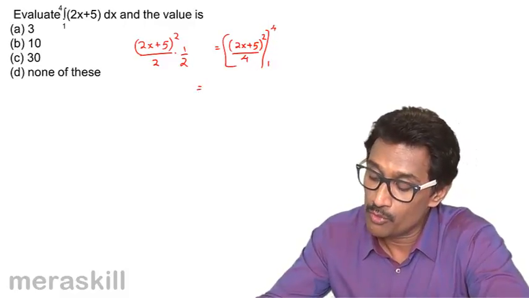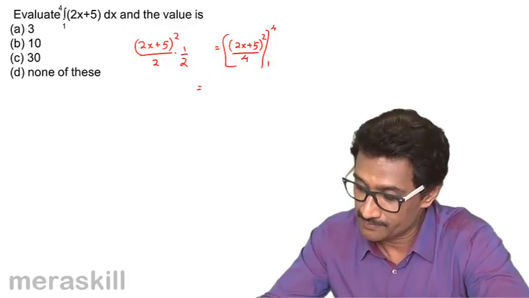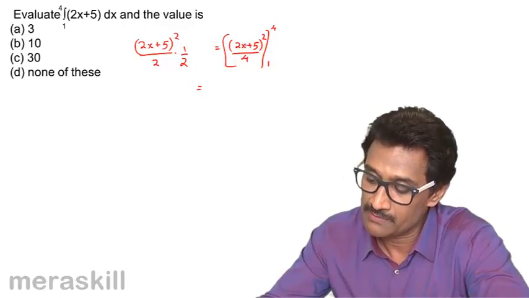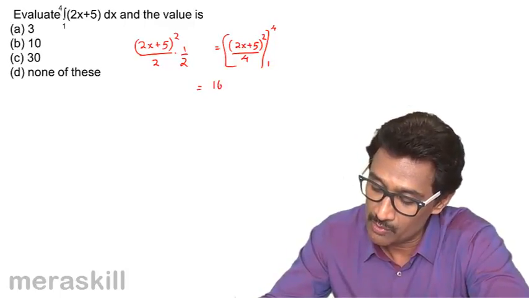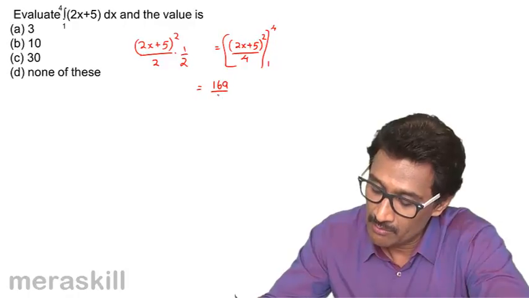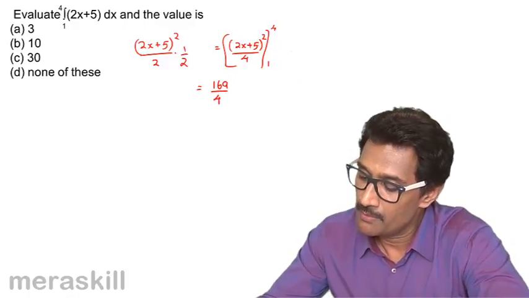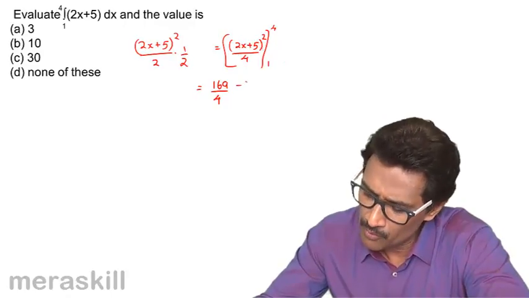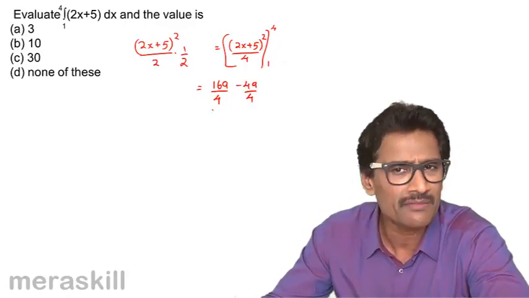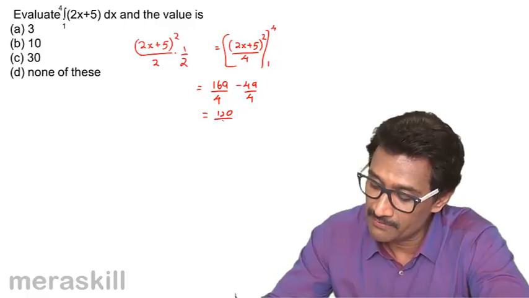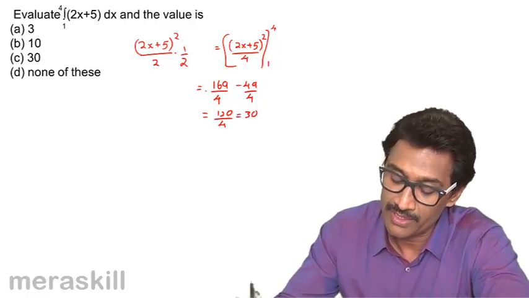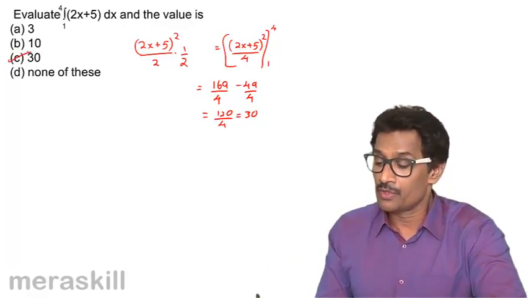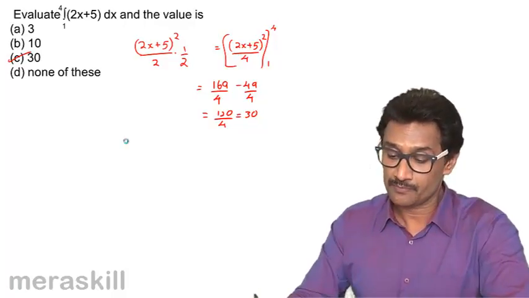So it's going to be 4 2s are 8 plus 5, 13 squared by 4, that is 169 by 4, minus 2 into 1, 2 plus 5, 7 squared by 4, minus 49 by 4. I think we have done this. This is 120 by 4, which is going to be 30. This is just a repetition. So it's going to be 30.